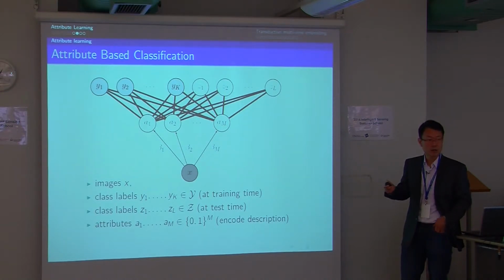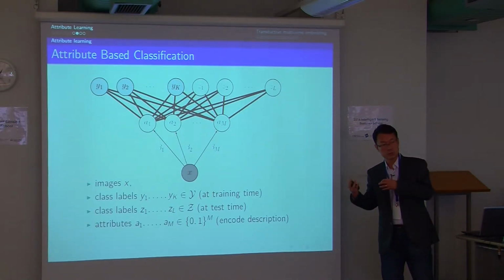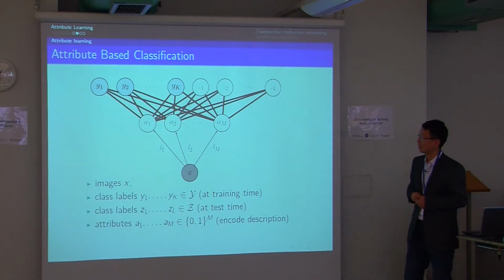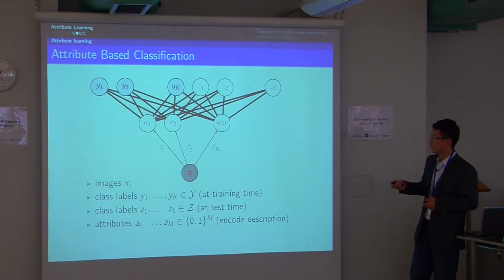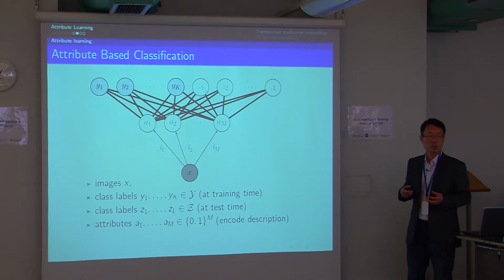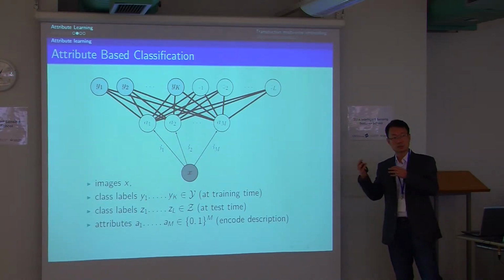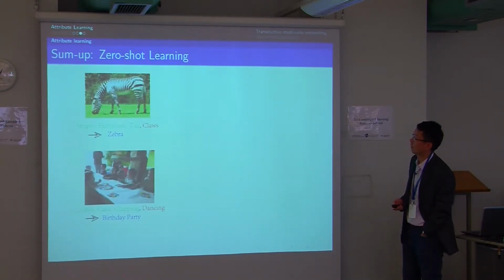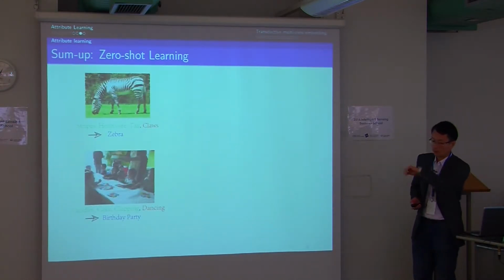Then I compare the predicted attributes with the prototype attributes, and I assign the class label to the new data according to how similar the predicted attribute list and the prototype attributes are. So that's the basic idea of attribute learning.